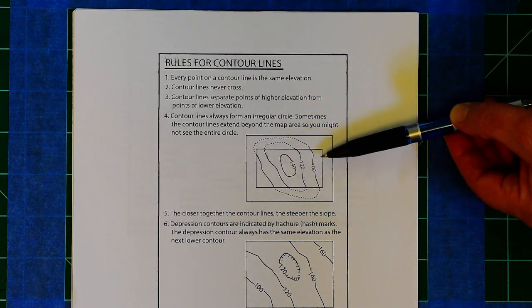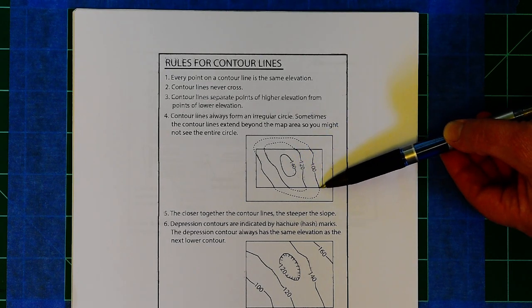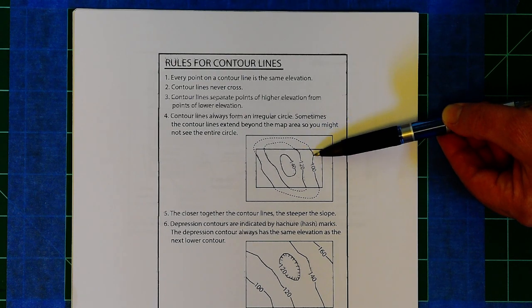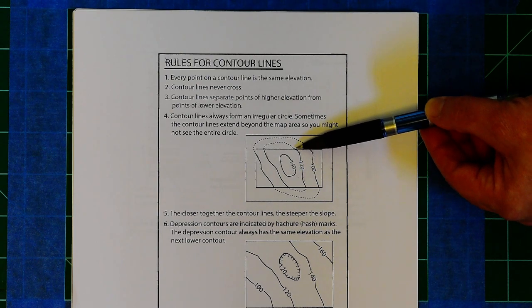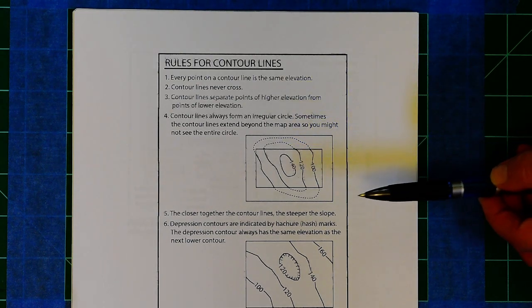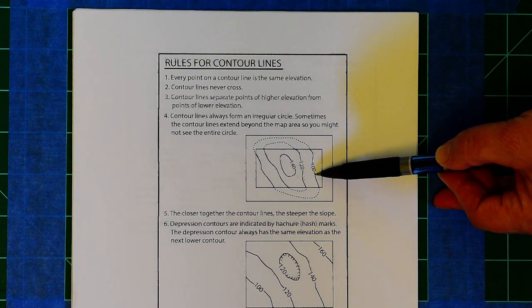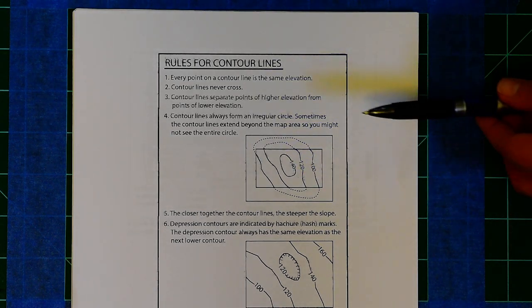So for example, right here we see 100, 120, 140. Well, every place on that 100 line is 100 feet above sea level. Every place on the 120 line is 120 feet above sea level. Everything in between those two lines is some elevation in between 100 and 120.